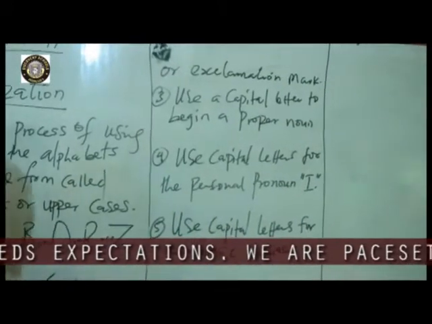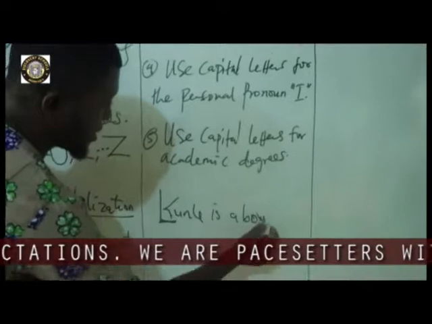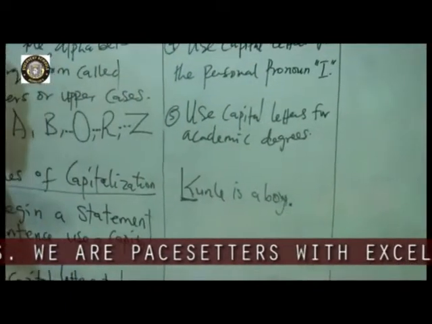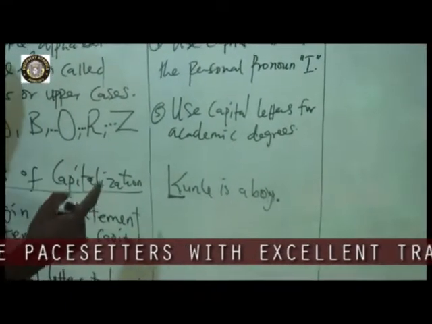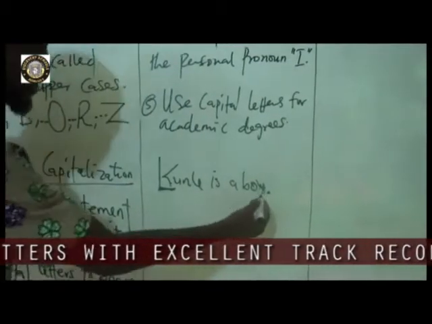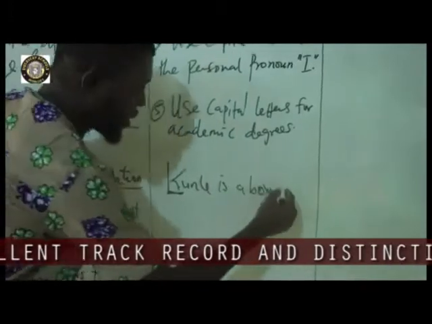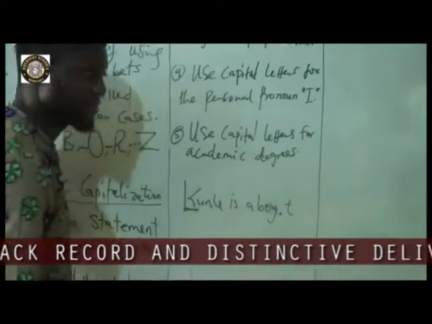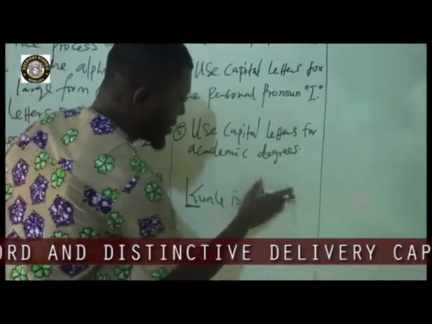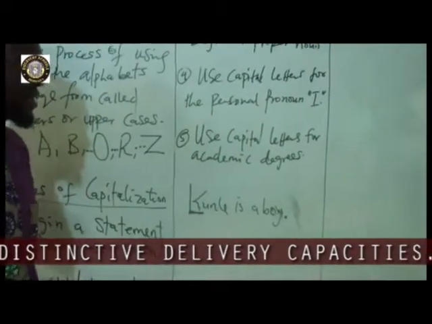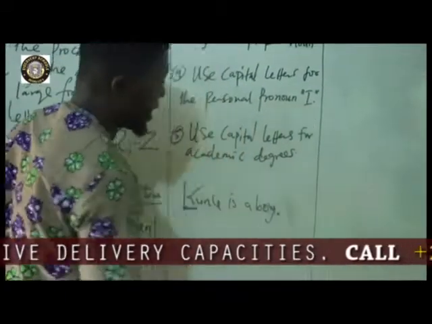Now, the first statement here ended with a full stop. To begin another sentence after a full stop, the first letter cannot commence with a small letter. It cannot commence with any other letter other than a capital letter. How do you do that?